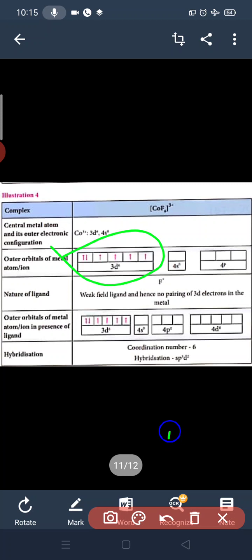Okay, and then you have to create 6 vacancies, so the hybridization will be sp3d2, then it is octahedral. Since the outer d orbitals are involved, it is called an outer orbital complex. Here there are 4 unpaired electrons, so it is paramagnetic. For the magnetic moment you have to calculate.